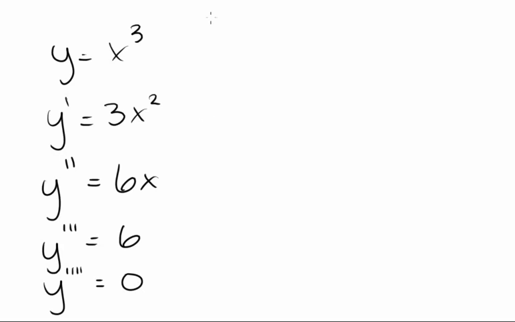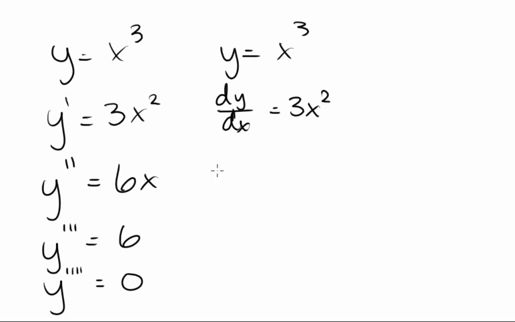Now there's another way you can write this. We can say y equals x cubed. The first derivative is dy/dx, which equals 3x squared. The second derivative is a little bit different, but basically you say d squared y over dx squared.